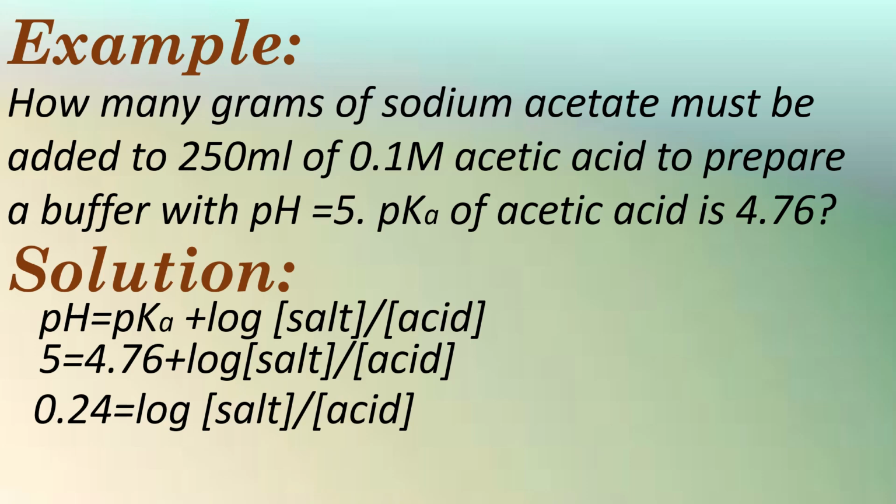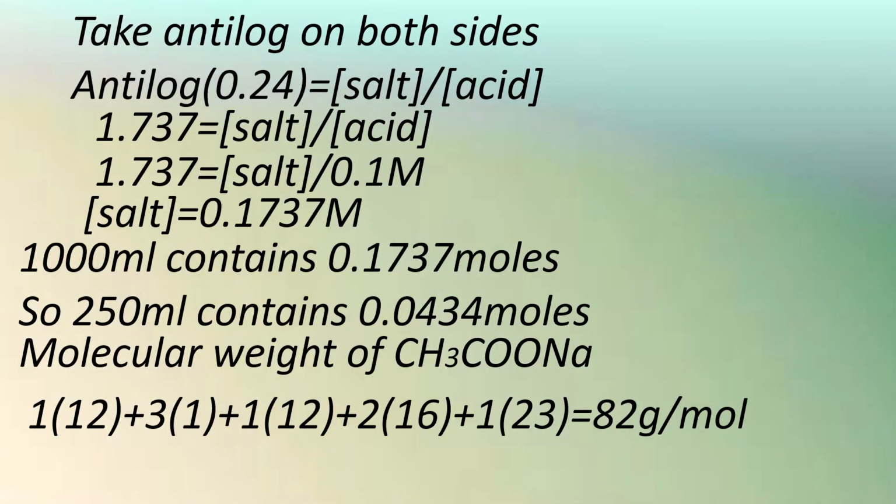When we subtract 4.76 from 5, we get 0.24 is equal to log salt concentration over acid concentration. Because here is a log, so we will take anti-log on both sides.